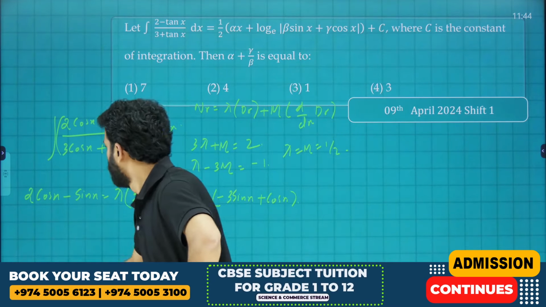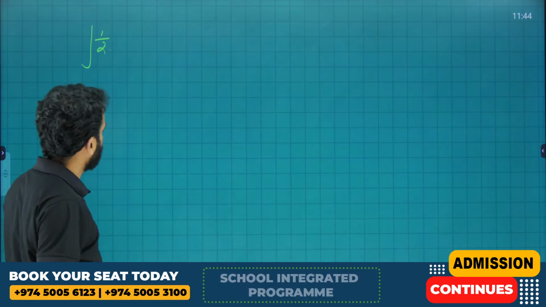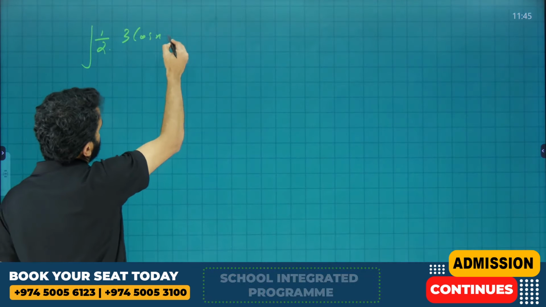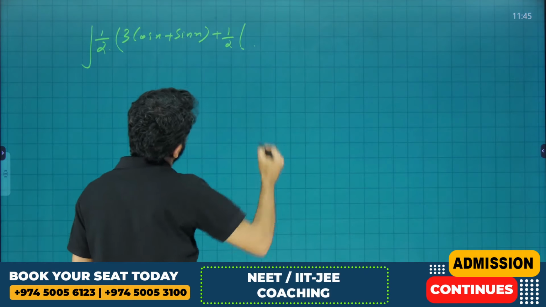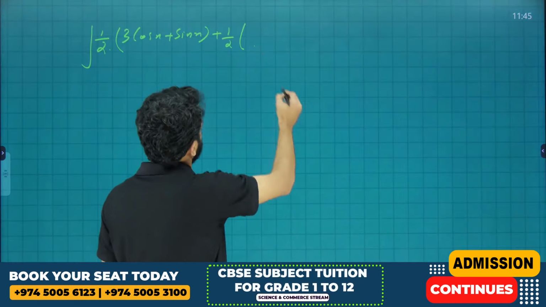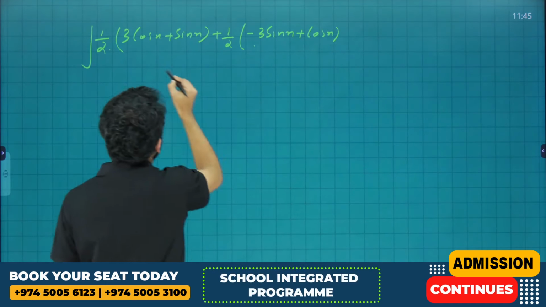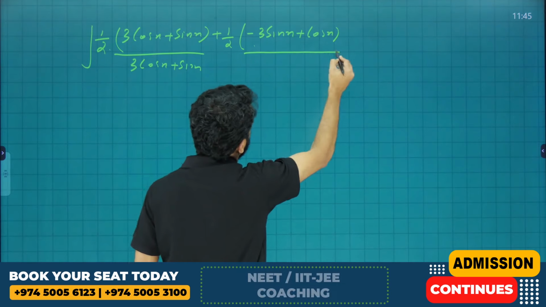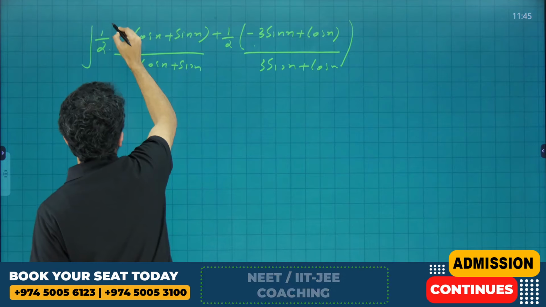Therefore, it will be 1 by 2 into (3 cos x plus sin x), plus 1 by 2 into (minus 3 sin x plus cos x), divided by (3 cos x plus sin x). Okay, in dx we can take it as common.